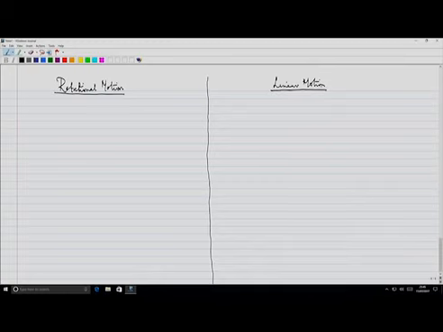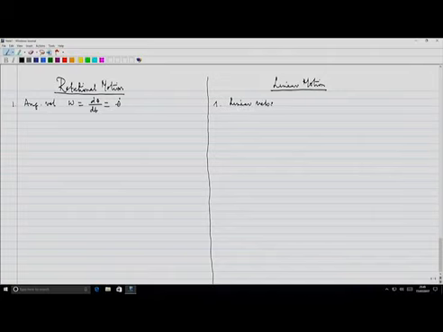What are the various quantities? Angular velocity. What is the definition of angular velocity? d theta by dt. This is also denoted by theta dot. In linear motion, the role of theta is taken over by x. Therefore, linear velocity v is equal to dx by dt.